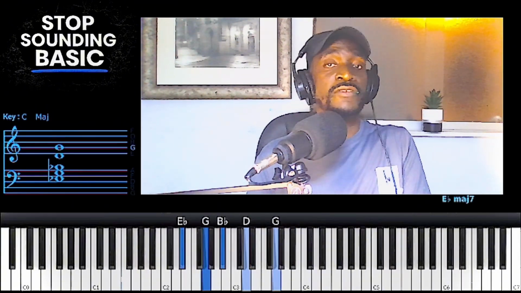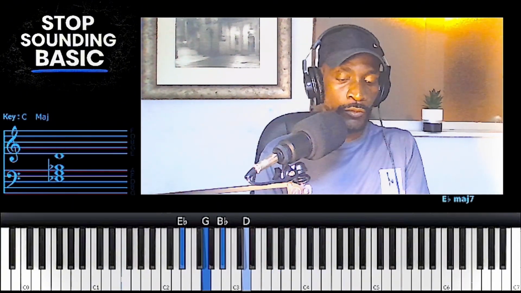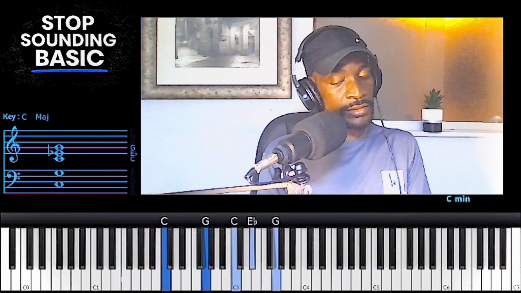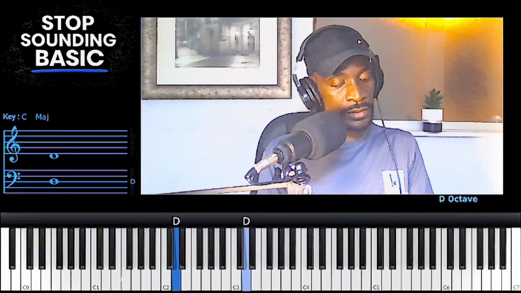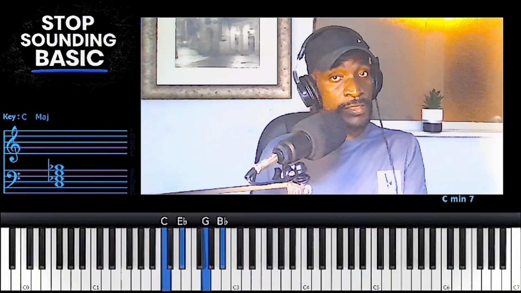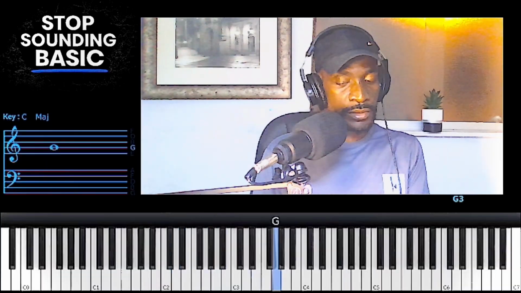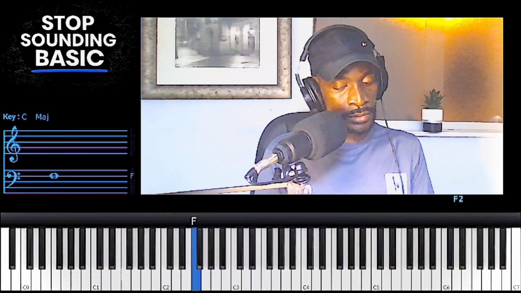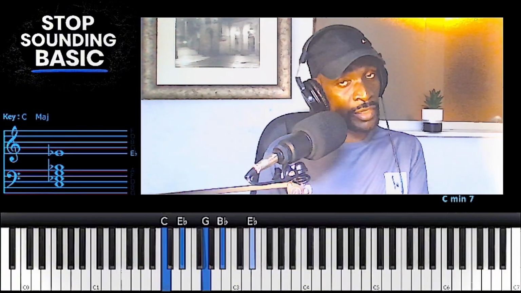So if I'm in the key of E flat, 1, 2, 3, 4, 5, 6, 7, my target chord is actually the 6 of B flat, which is 1, 2, 3, 4, 5, 6, which is C7. So that would be 2-5-1.